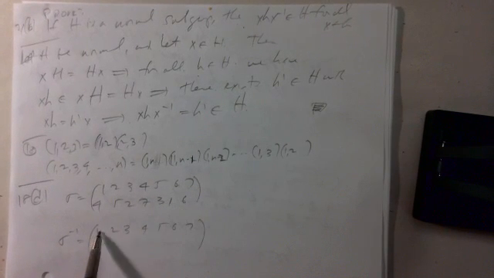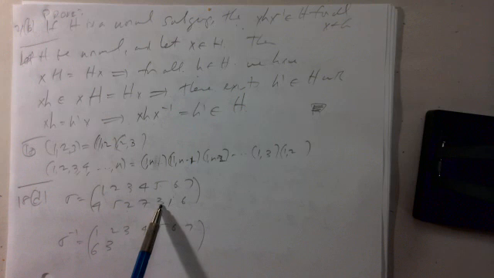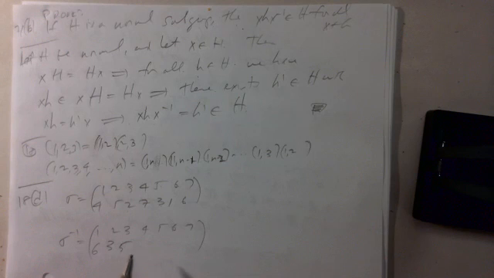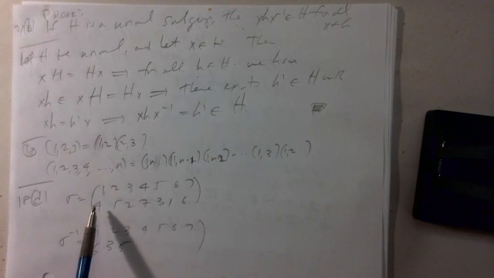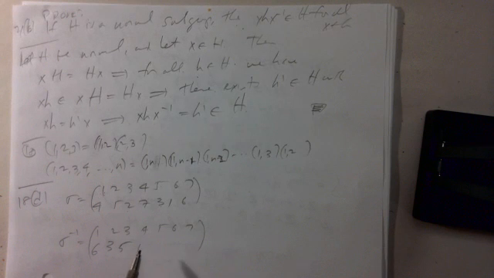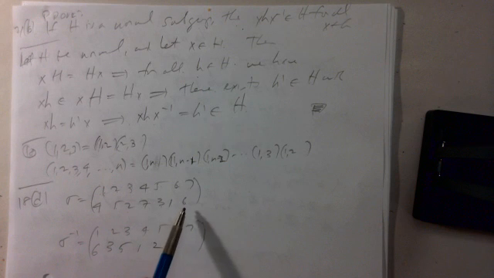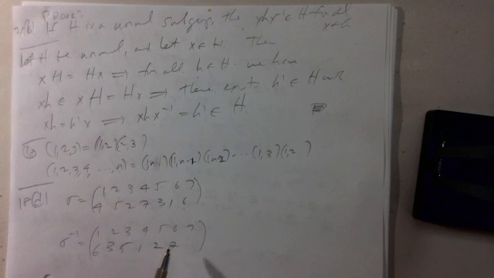The idea is, you look here, 6 goes to 1, so the inverse has to send 1 back to 6. 3 goes to 2, so the inverse sends 2 back to 3. 5 goes to 3, so the inverse sends 3 back to 5. 1 goes to 4, so the inverse sends 4 back to 1. 2 goes to 5, the inverse sends 5 to 2. 7 goes to 6, the inverse sends 6 back to 7. 4 goes to 7, the inverse sends 7 back to 4. So that's the calculation.